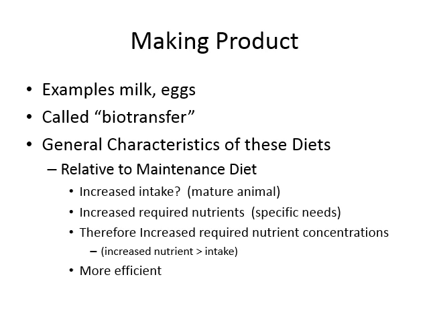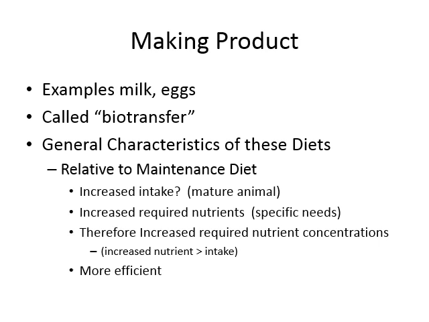So we're doing that. We're going to have increased intake. Usually we're talking about a mature animal here, reproductively mature. We're going to definitely have increased nutrients. We need a whole lot of things to create the milk and the eggs. And again, the nutrient amounts go up faster than the intake.